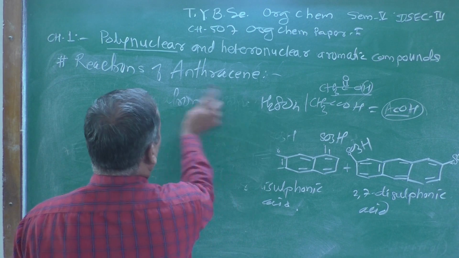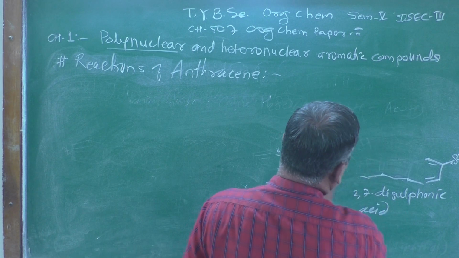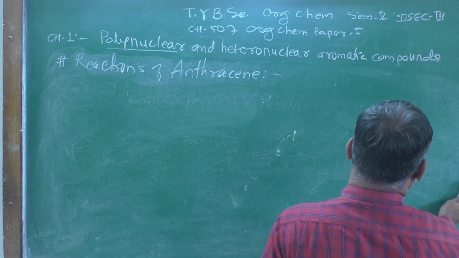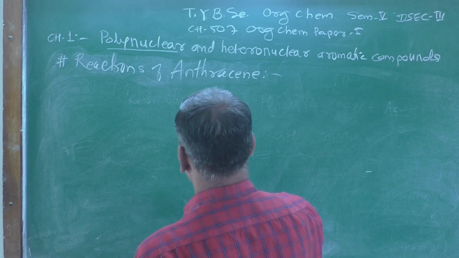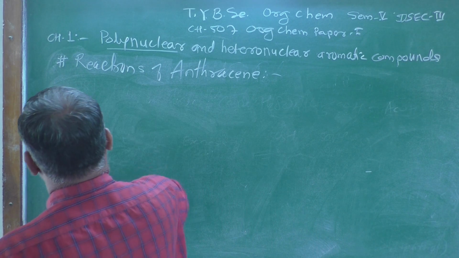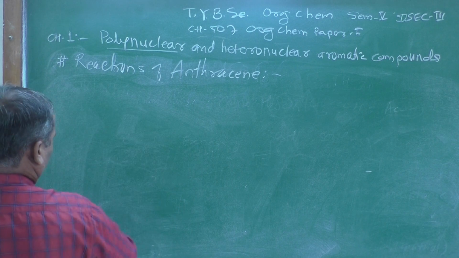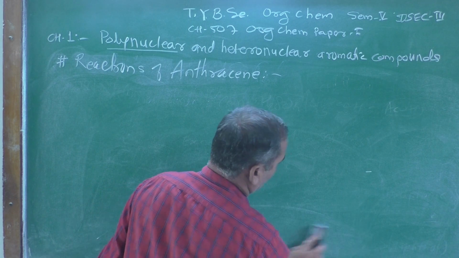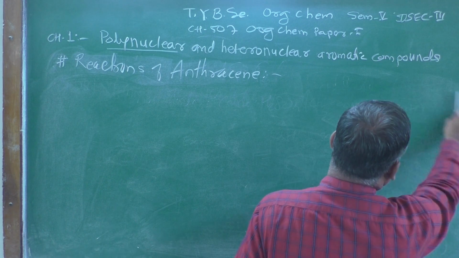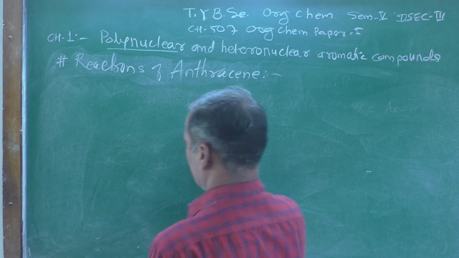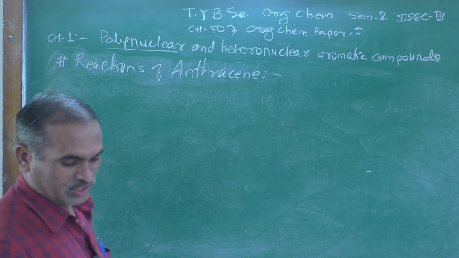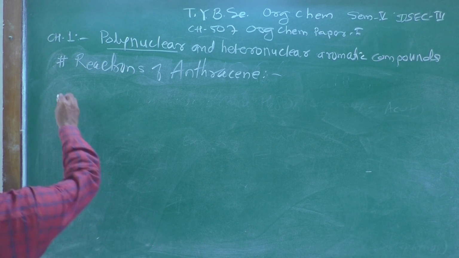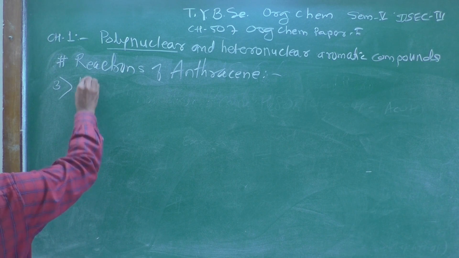The third reaction which we are going to discuss is halogenation. We are discussing electrophilic substitution reactions of the polynuclear aromatic compound anthracene.